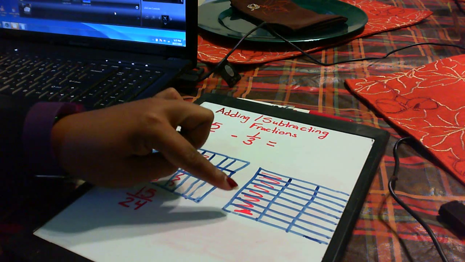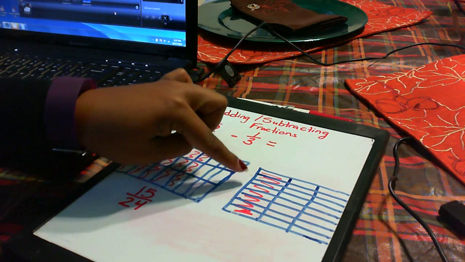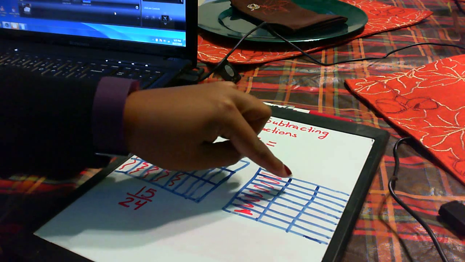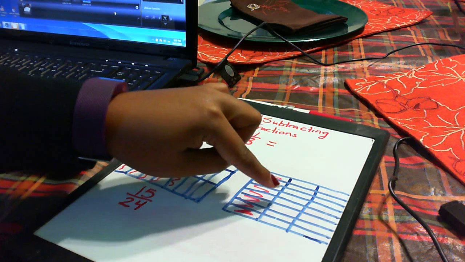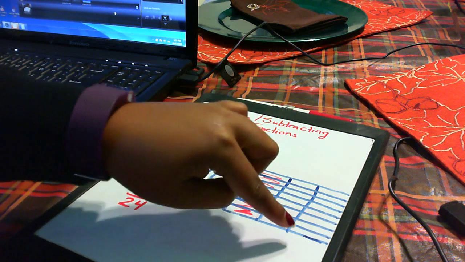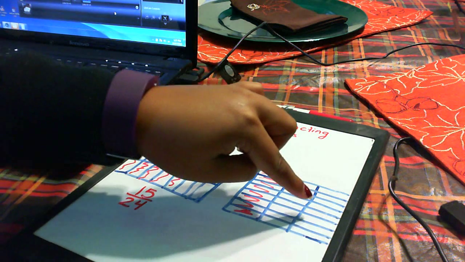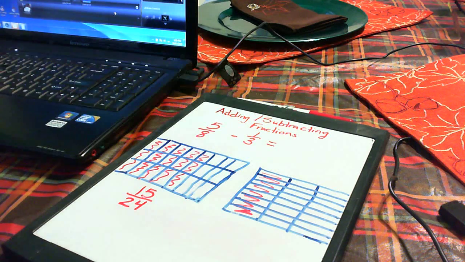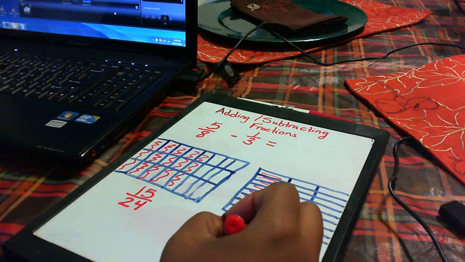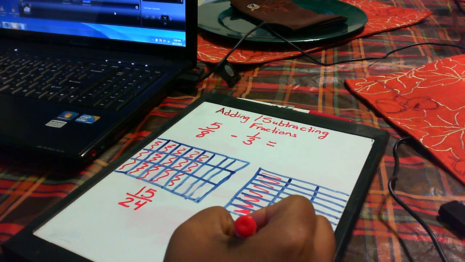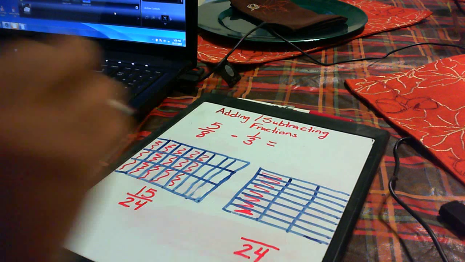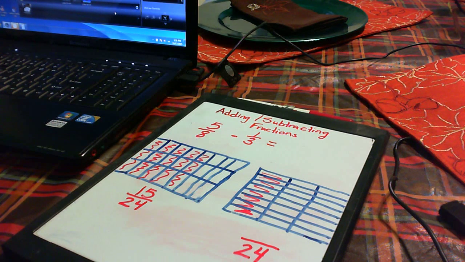Or you could have counted 1, 2, 3, all the way to 24. Your choice. And I'm going to put that number in the bottom because that's how many pieces I have in all. Not how many pieces are colored, but how many boxes I have all together.